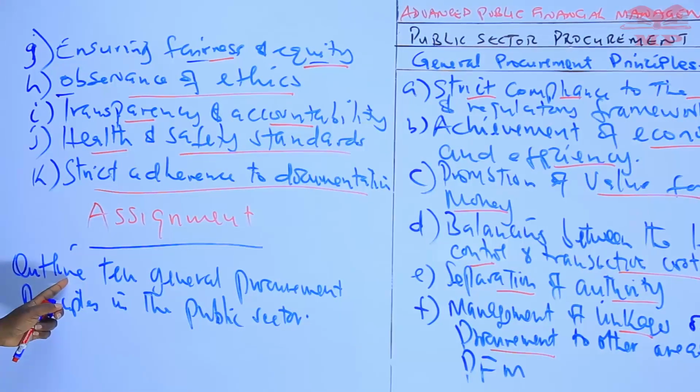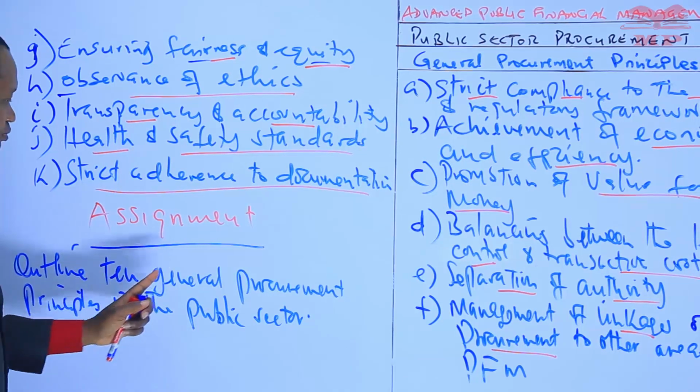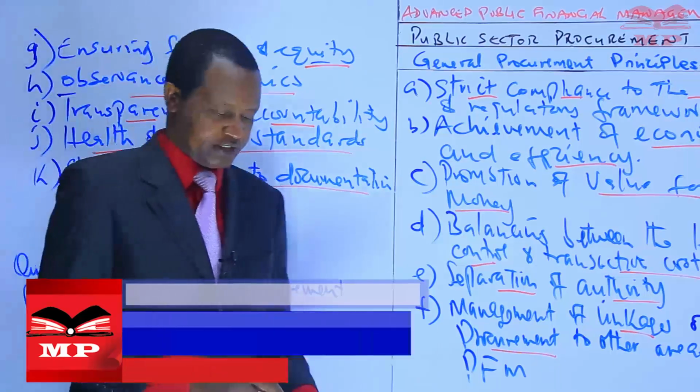Without referring to the notes, here's your assignment: outline 10 general procurement principles in the public sector.